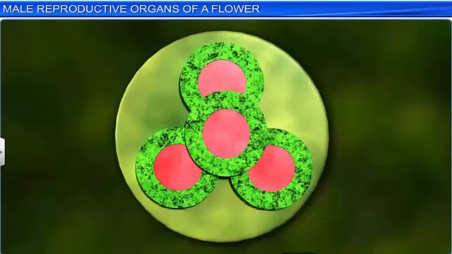However, in certain freshwater plants such as Vallisneria and Hydrilla and marine seagrasses such as Zostera, pollination occurs by water. This is also known as hydrophily.